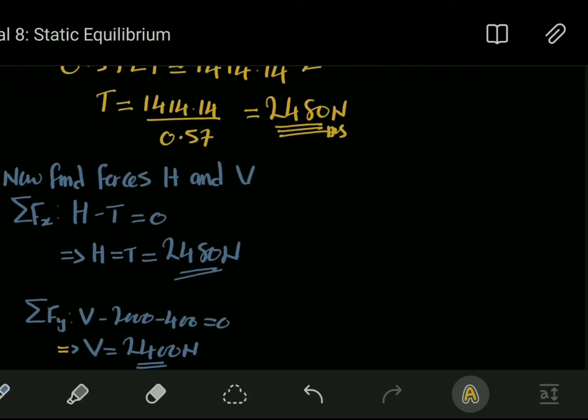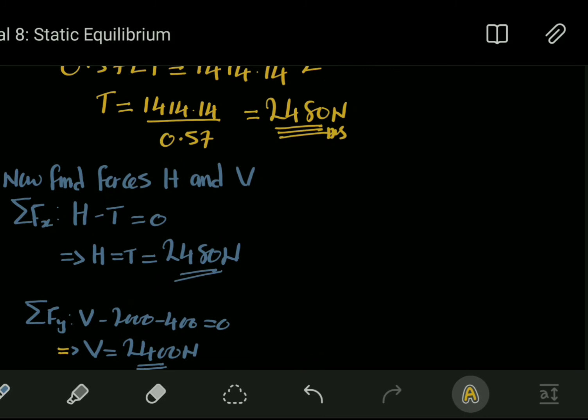So we have the sum of the forces in the X, H minus T equals 0. This implies that H is equal to T, and our T is 2480 newtons. So we have found the value of H.